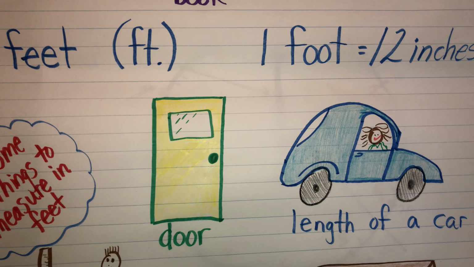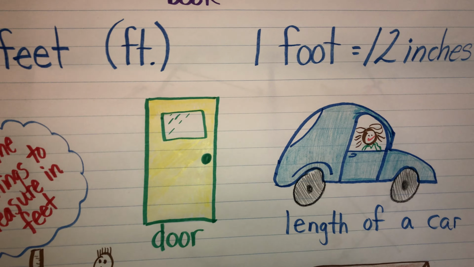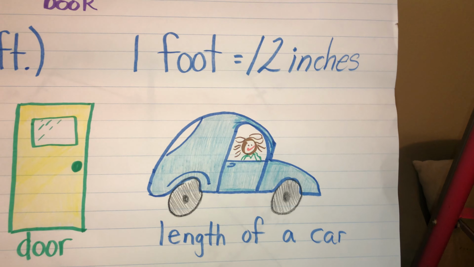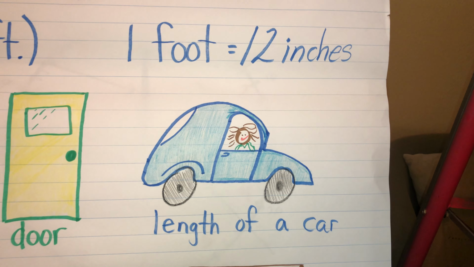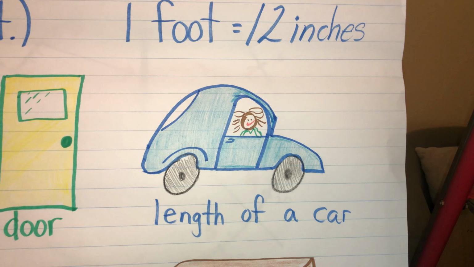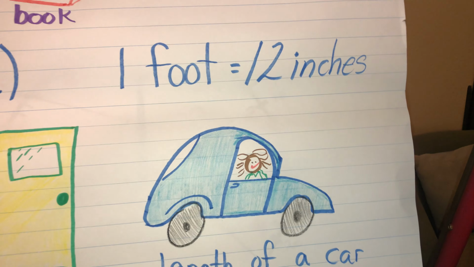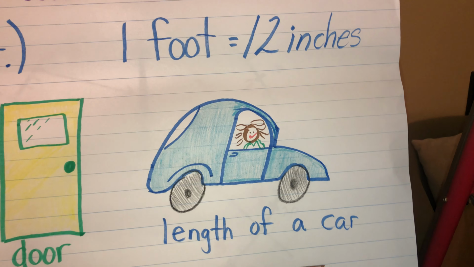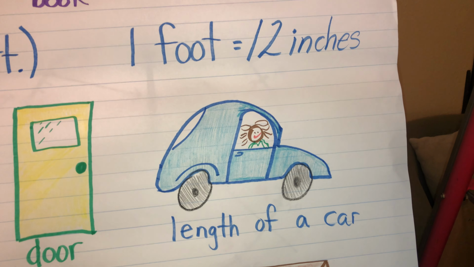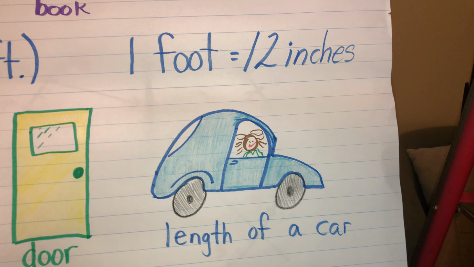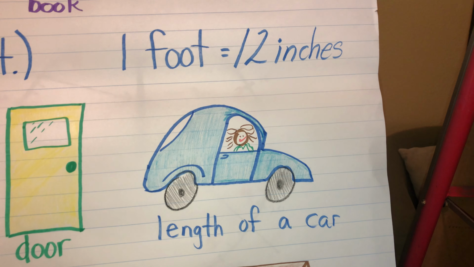So instead of writing the word feet out, you could use that abbreviation. And 1 foot is equal to 12 inches. And there I drew some things that you can measure in feet. Now remember, just like I mentioned in the other lesson, my drawings just reflect some things that you can measure in feet. Of course, there are so many things in this world that you can measure in feet.